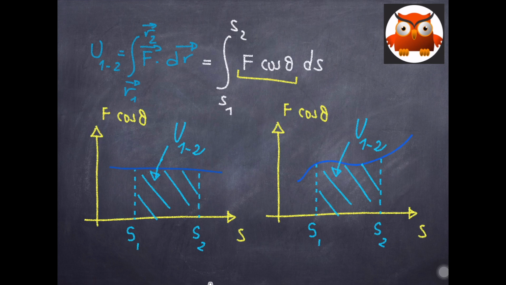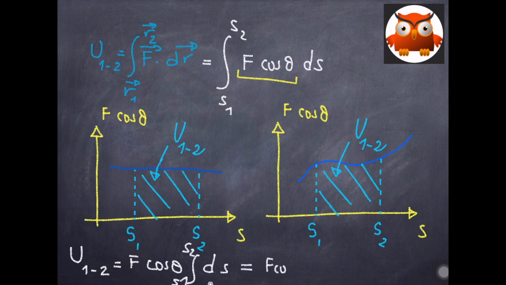Then the work done by the force F to bring the particle from position 1 to position 2 will be f cosine theta times the integral of ds, between S1 and S2. This gives me f cosine theta times delta S.